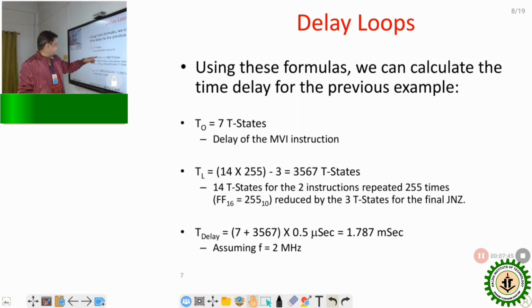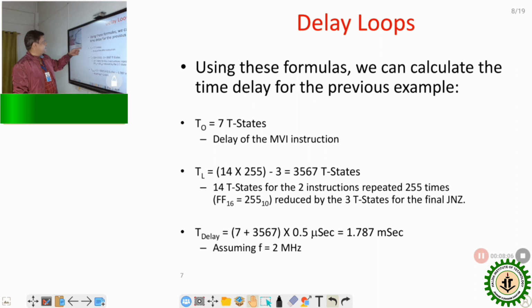So we have accidentally added 3 T states, which I am subtracting. So 3567 T states are there. Okay, from these 3565 T states, 14 T states, I have already mentioned this, so I'm not covering it again.